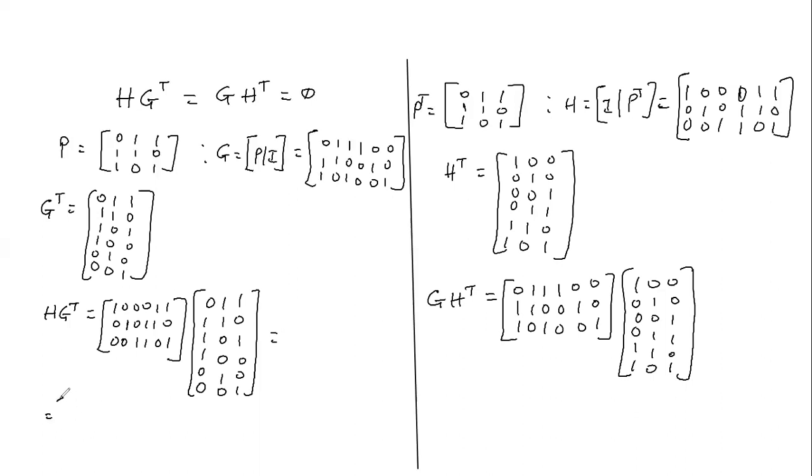This will give us 1 times 0, 1 times 0, plus 0 times 1, plus 0 times 1, plus 0 times 1, plus 1 times 0, plus 1 times 0. So that's what we have in the first instance.